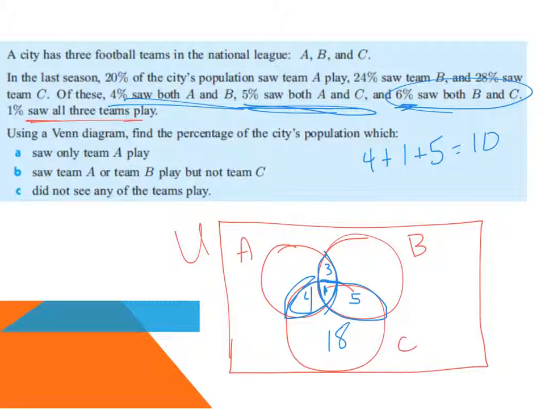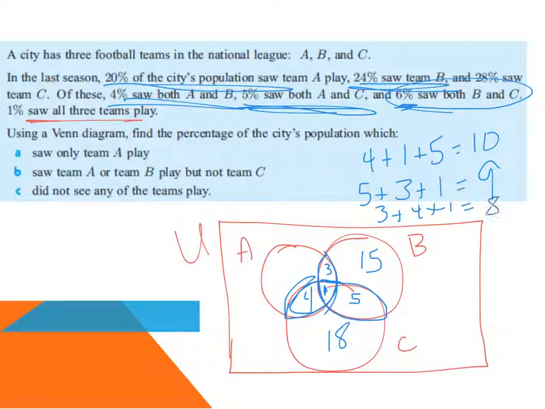And then 24% saw team B, so we've already got 5 plus 3 plus 1, which is 9, and 24 minus 9 is 15. And then 20% of the city's population saw team A, and we have 3 plus 4 plus 1, which is 8. 20% minus 8 gives us 12% that goes here.